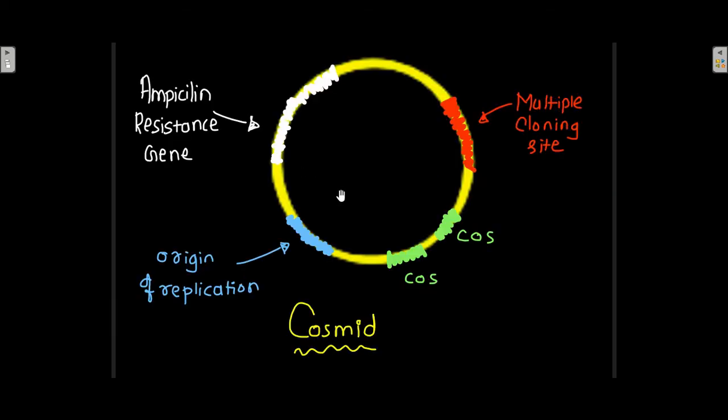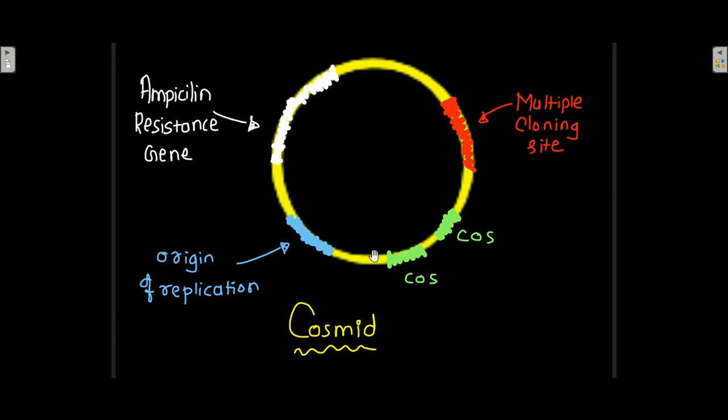So this is how a Cosmid looks like. The size of this circular DNA molecule is about 5 kb, and that is a Cosmid. The distinguishing feature of this Cosmid is the presence of cos sites, as you can see, and these cos sites enable the vector to be packaged into the bacteriophage head, and that is what increases the efficiency of this Cosmid.